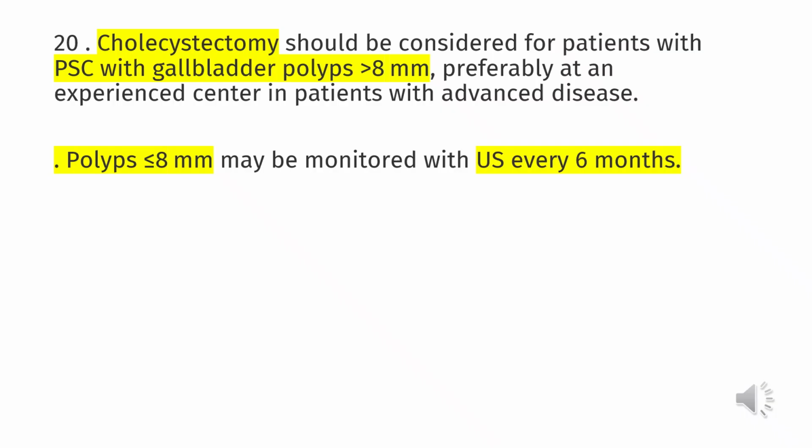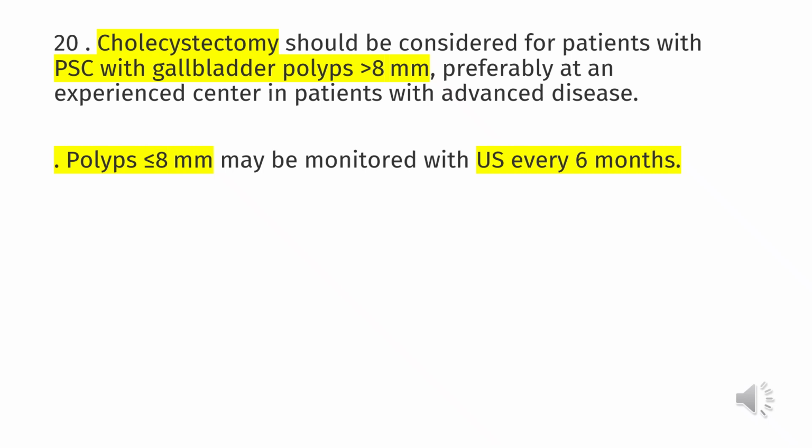The next question is, when should we consider cholecystectomy? Cholecystectomy should be considered for patients with PSC with a gallbladder polyp larger than 8 millimeter, preferably at an experienced center in patients with advanced disease.